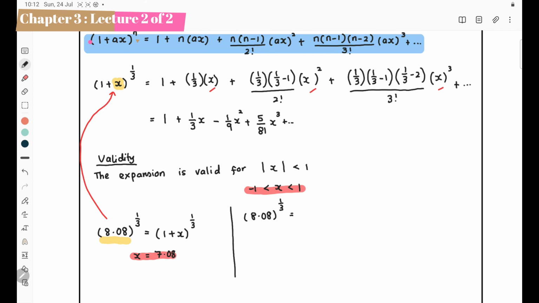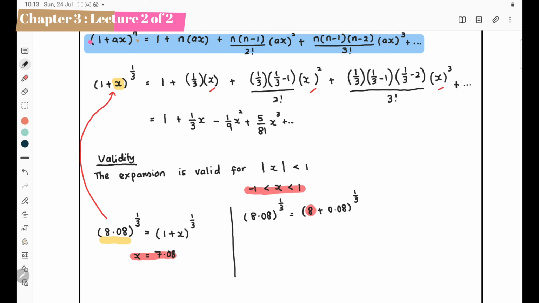So now we try to do another method, which is we try to write 8.08 into two terms, which are 8 plus 0.08. Remember that to use our expansion formula, we must have 1 in our bracket, which we don't have here.